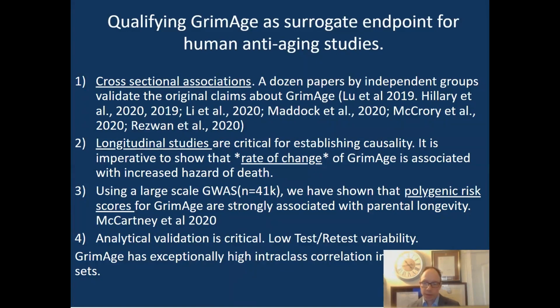So if you have SNP markers, you can relate these polygenic risk scores to your favorite age-related condition. We also carry out analytical validation studies because we want to show that our biomarkers have low retest variability. And GrimAge stands out again by low variability.